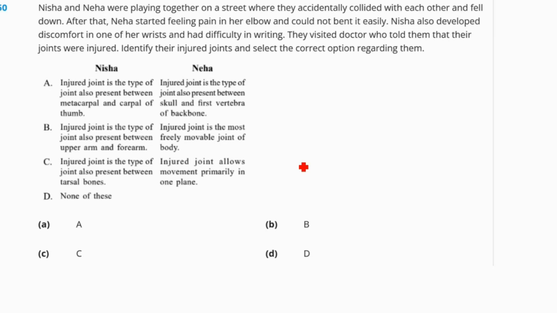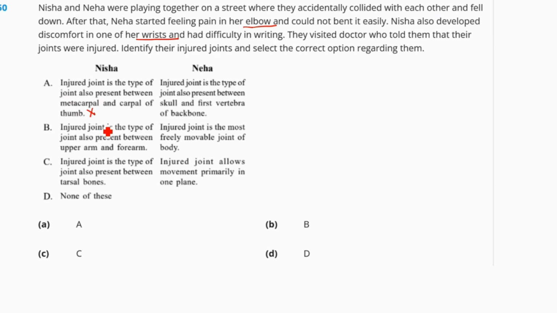So, you can understand here that Neha started feeling pain in her elbow. So, in our elbow, we have the hinge joint, right? And Nisha also developed discomfort in her wrist. Okay, so let's find out. Injured joint is the type of joint also present between the metacarpal and the carpal of the thumb.